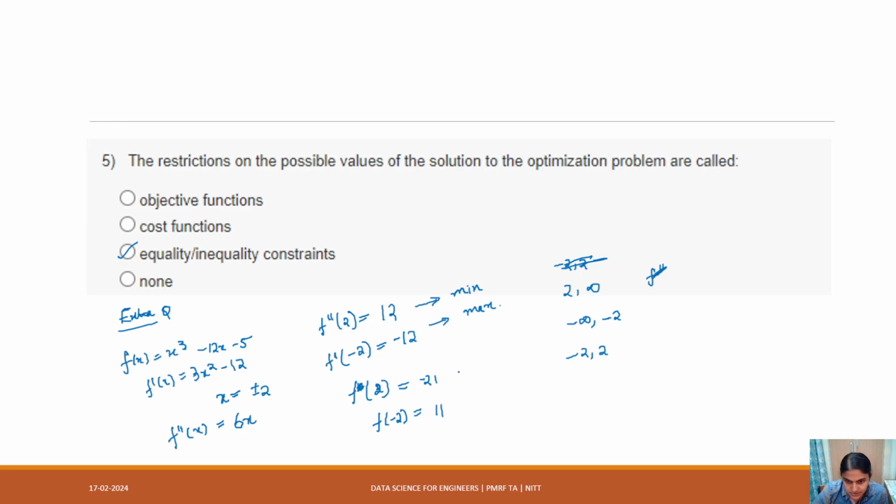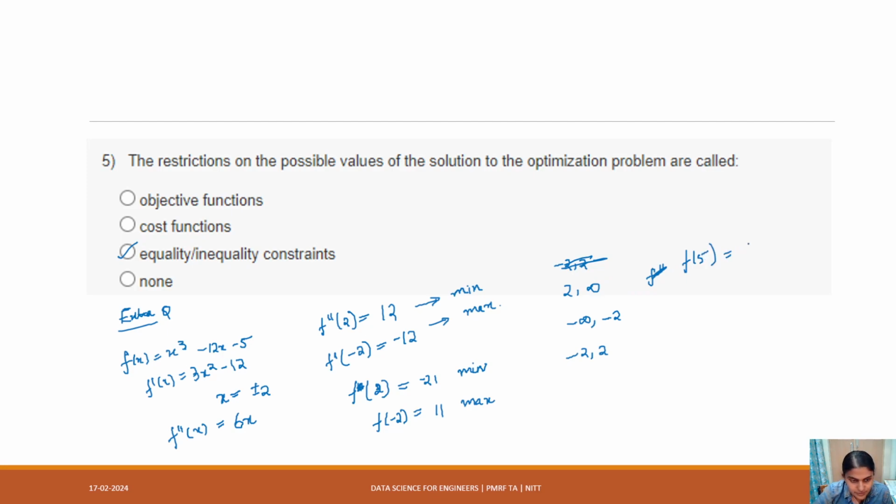You will think this is the minimum value and this is the maximum value, but this is a little problematic question. So in the range 2 to infinity, just take the value f of 5.